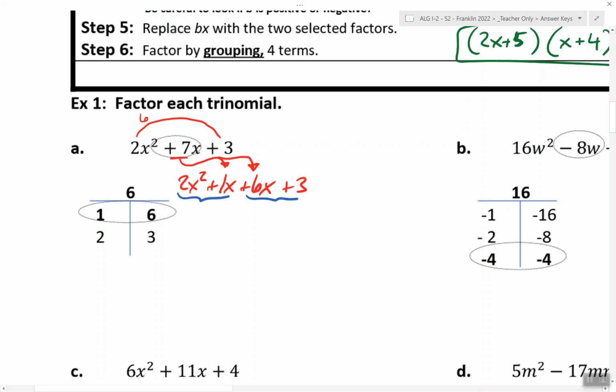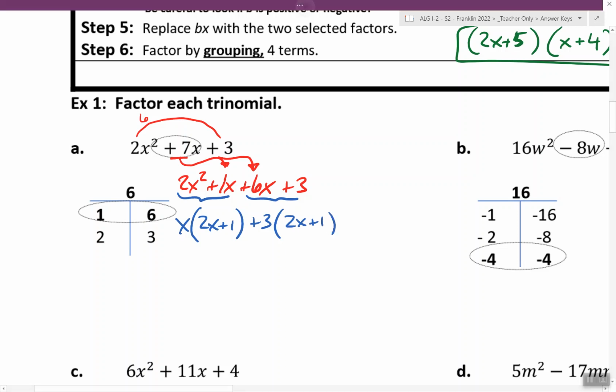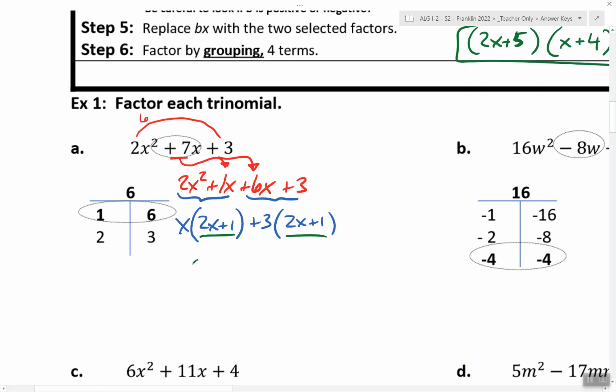So from the first two, we can take out just an x, leaving us with 2x plus 1. And then we can take out a 3, so plus 3. Divide those by 3, we get 2x plus 1 again. So our two factors are 2x plus 1 and x plus 3.